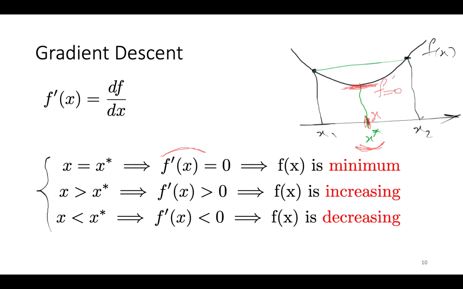If I pick my x's in this range, thus my x is greater than x star, definitely the f prime has a positive slope, thus it's greater than 0, thus it shows that f of x is increasing, right?